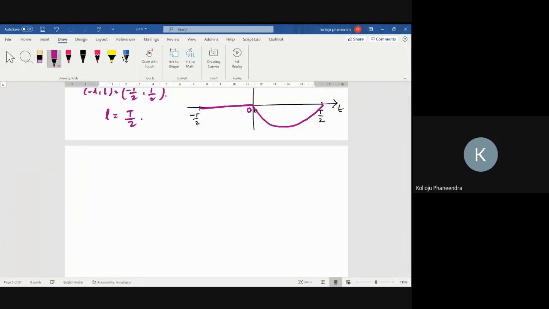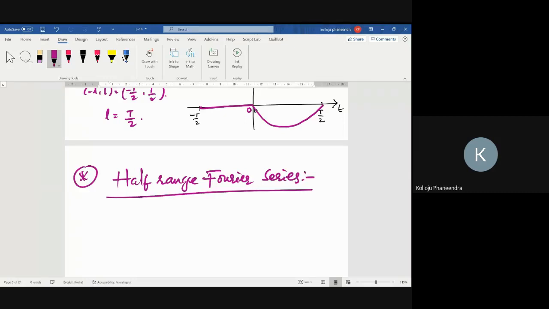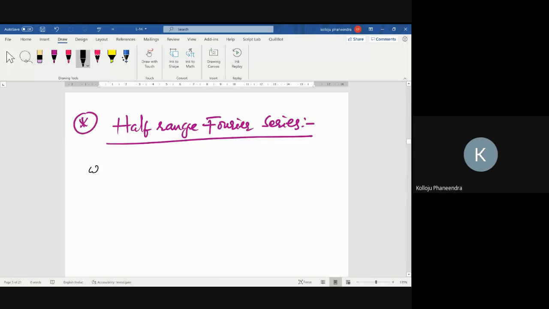The next topic is half-range Fourier series. What does half-range Fourier mean? Till now we have studied the Fourier series of f of x in the interval, in general, 0 to 2L, where L may be pi.